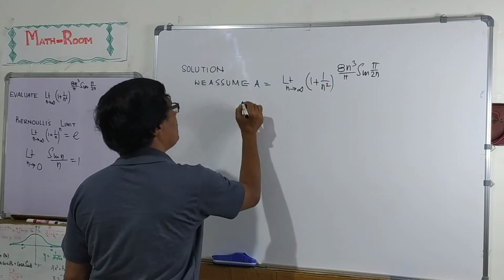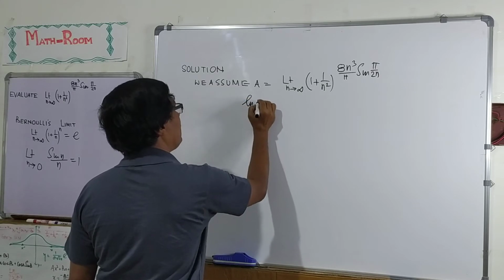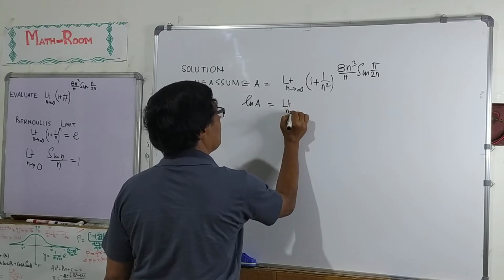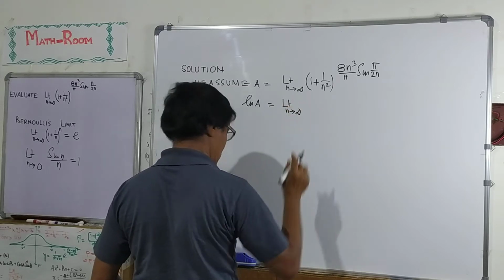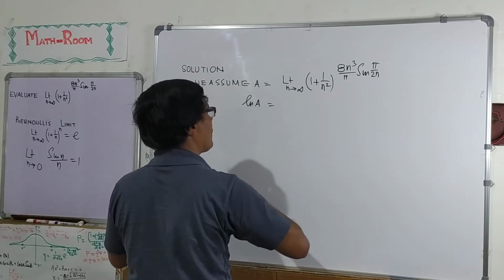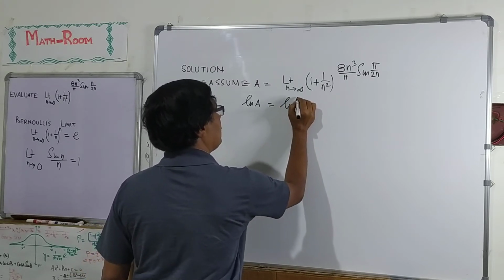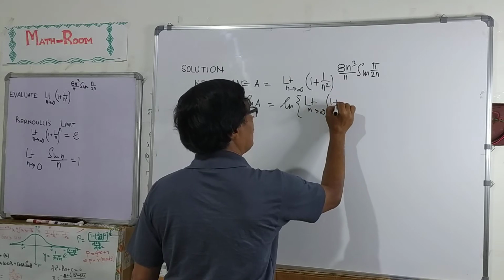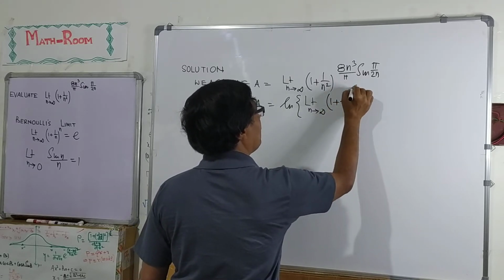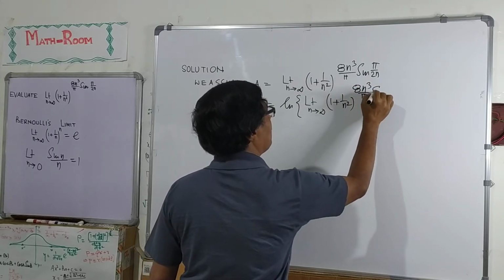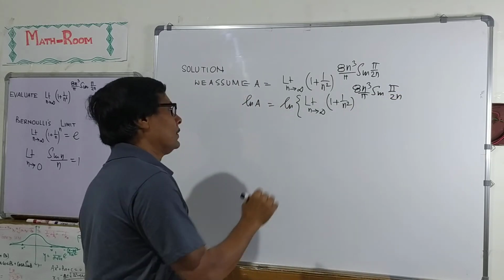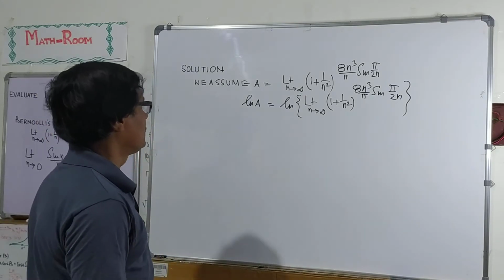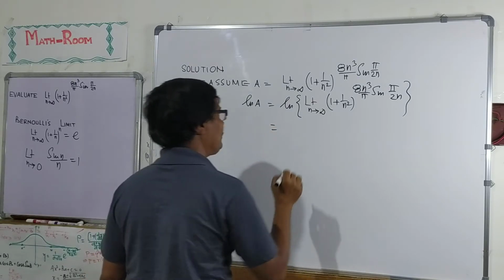Taking natural logarithm on both sides, we get ln a equal to limit n tends to infinity ln of (1 plus 1 over n square) to the power 8 n cube over pi sin pi over 2n.